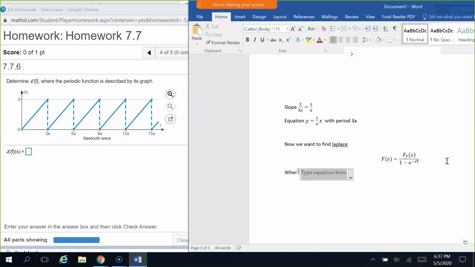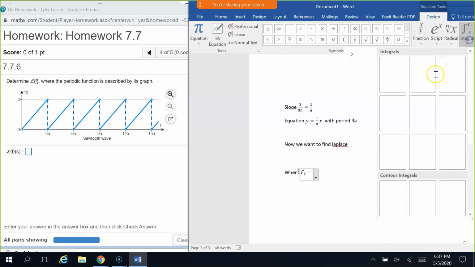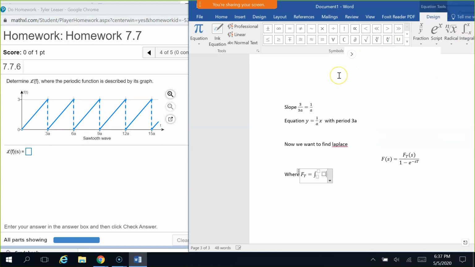And the Laplace of the periodic function, we get by integrating from 0 to the first period of e to the negative st times our function. Remember, this was the original definition of the Laplace transform, the integral of e to the negative st times the function. That's coming from section 2, I think.